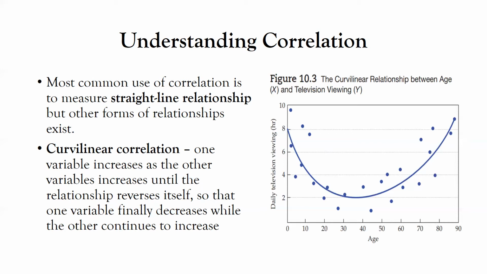So in the beginning, perhaps both of them were decreasing, so the relationship was going downward. And then suddenly one variable picks up and increases while the other continues to decrease. So that's an example of a curvilinear relationship wherein it starts off, let's say, negative, but then one of the variables becomes positive. So the relationship will follow suit. It's a negative relationship in the beginning, but it becomes positive. Or starts out as positive, but it ends up being negative.